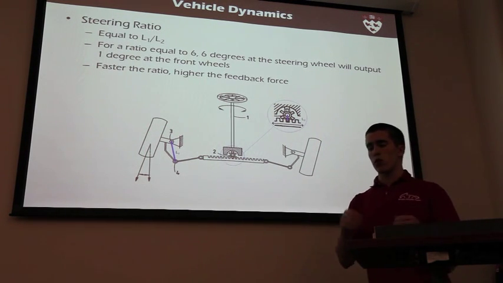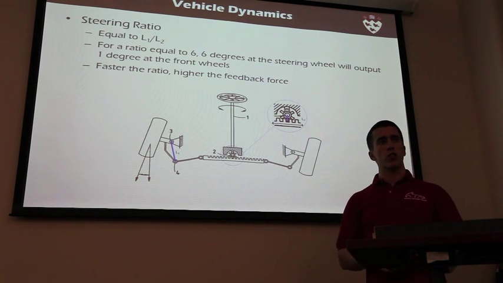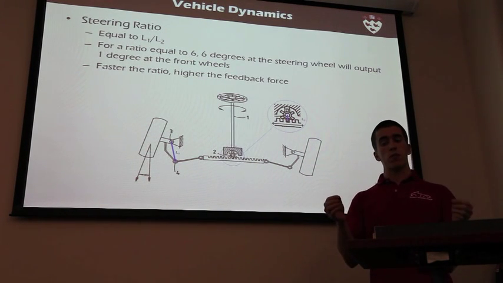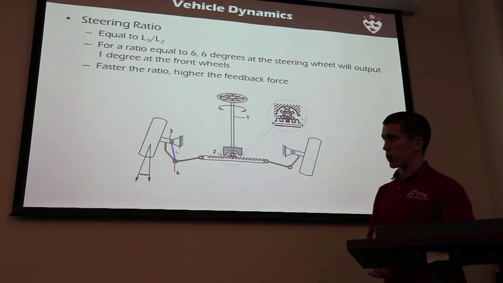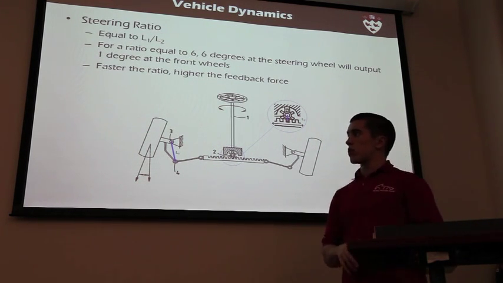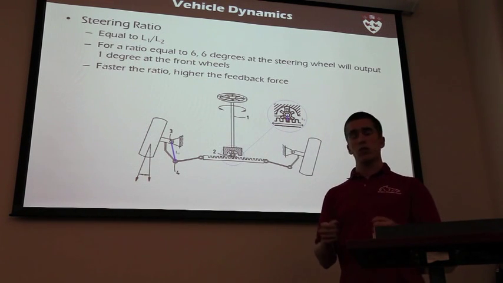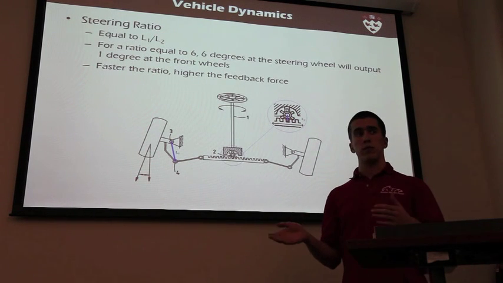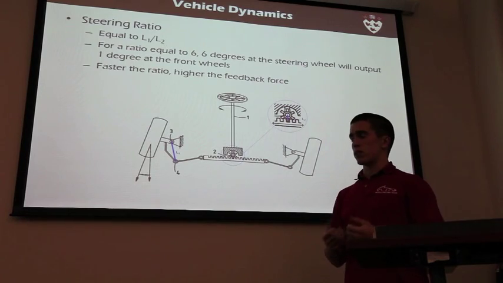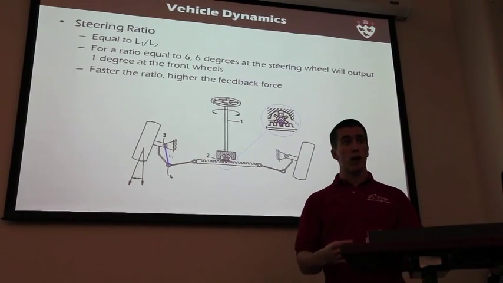The lower your ratio, for example, a steering ratio of 4, will mean that you will have to input less at the steering wheel, and you get more output at the wheels. That first affects how quick your steering is, and also affects the steering feedback that you get. Because if your steering ratio is faster, you will have a larger force feedback through the column.